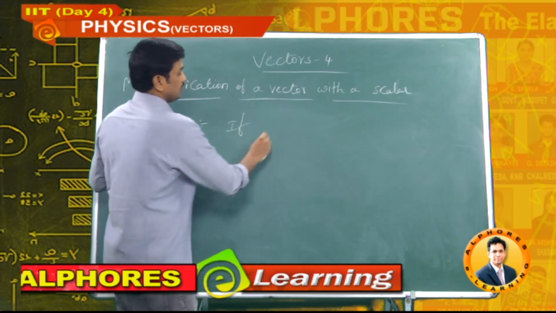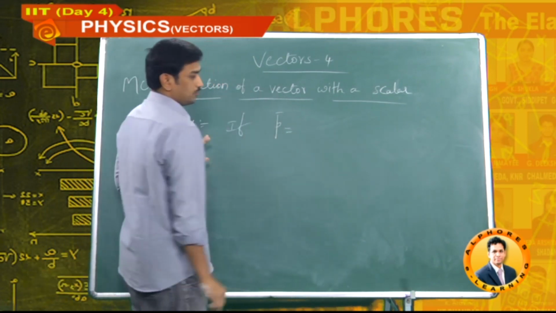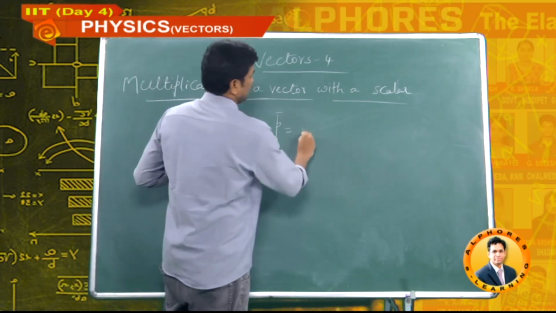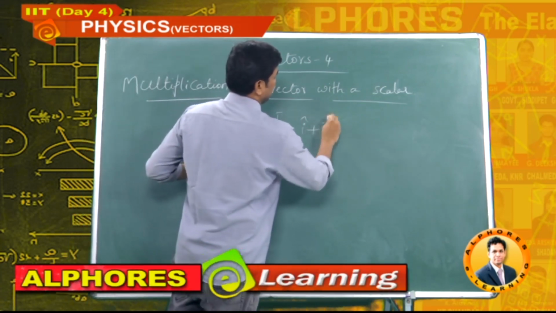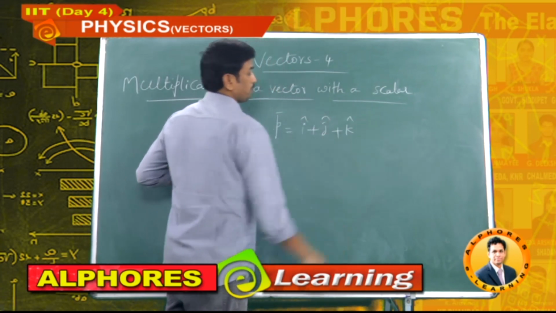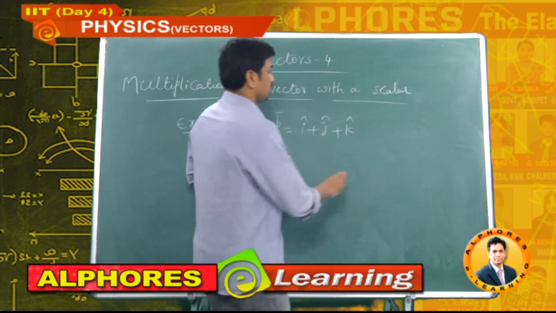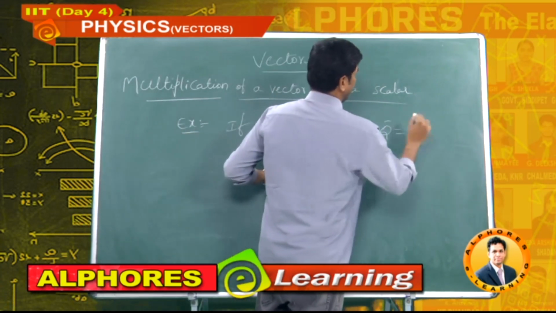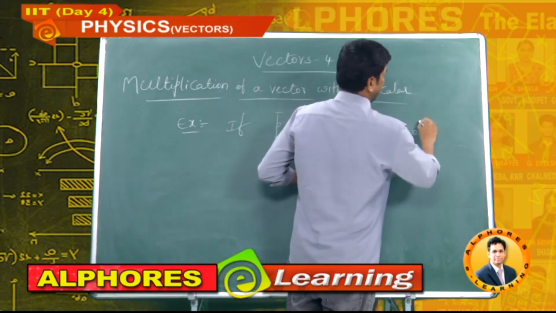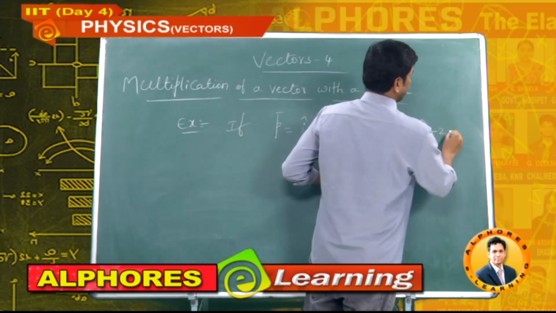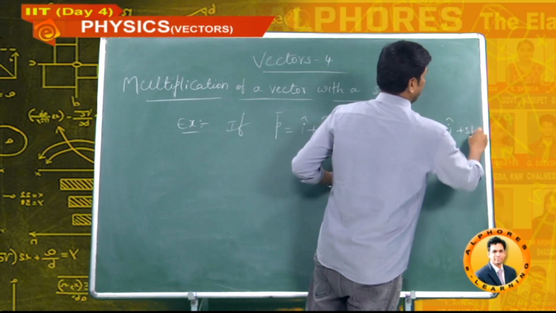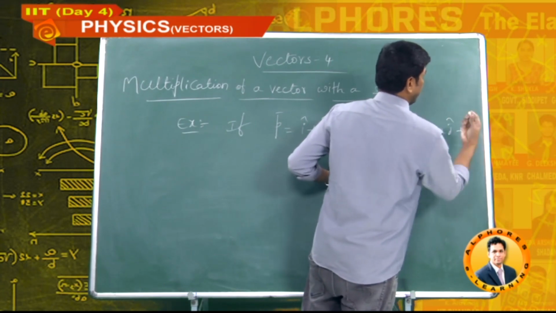If p bar is equal to i cap plus j cap plus k cap, q bar is equal to 6i cap minus 2j cap plus 3k cap.